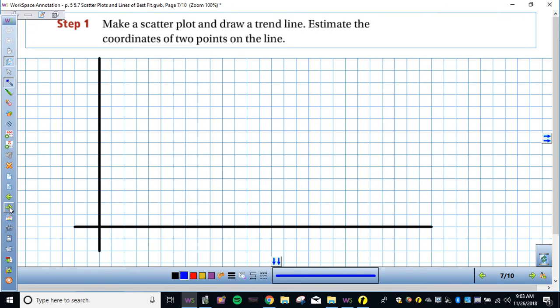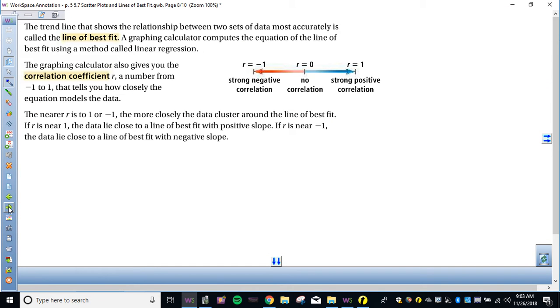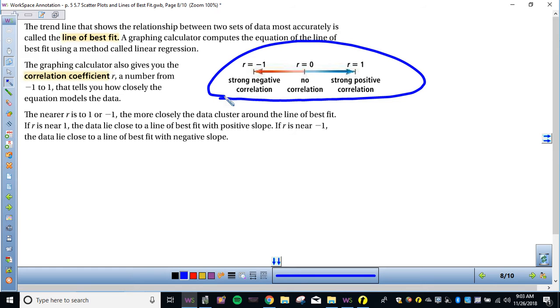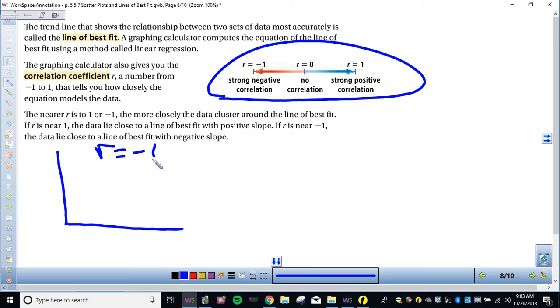So 5.8 tomorrow. Oh, I'm sorry, I lied. Write this one down too. So strong negative correlation is going to be -1. Correlation ranges from +1 to -1. 0 is like that first example, right? So if we have correlation of -1, that means every dot is going to fall exactly on that line.